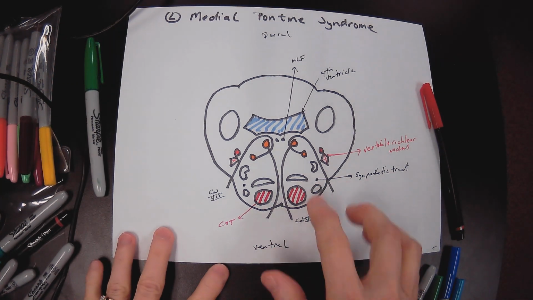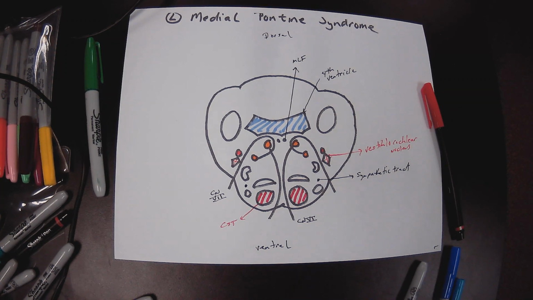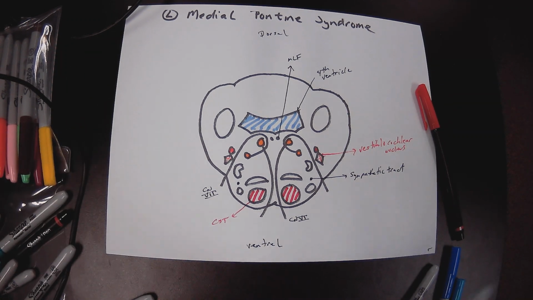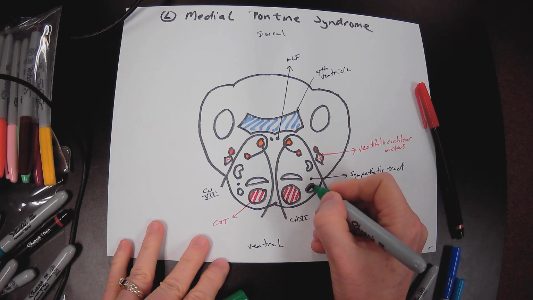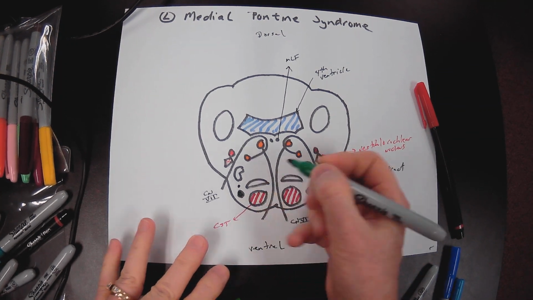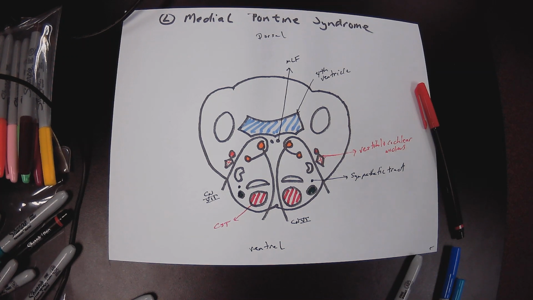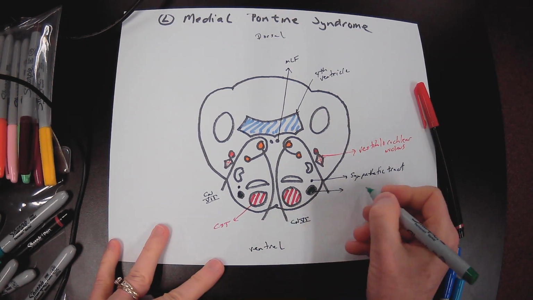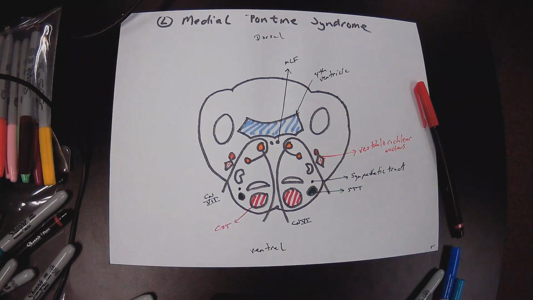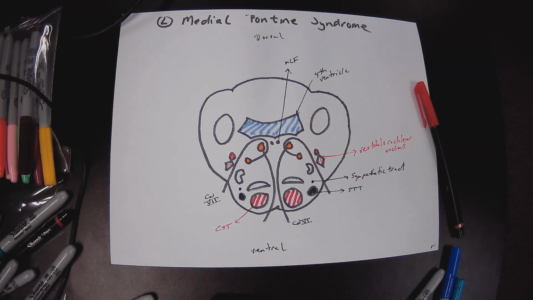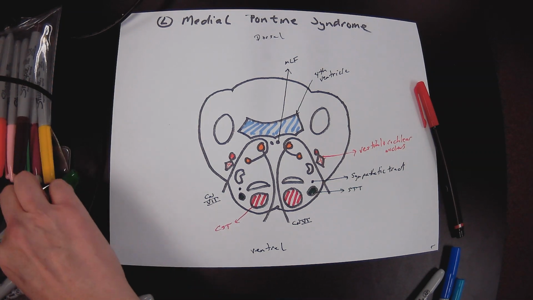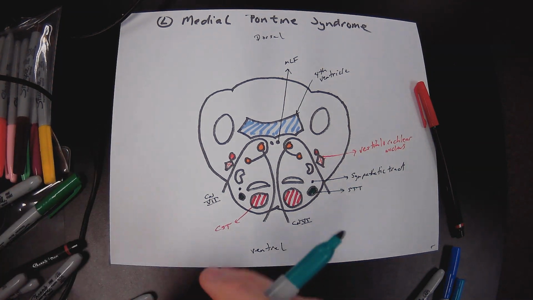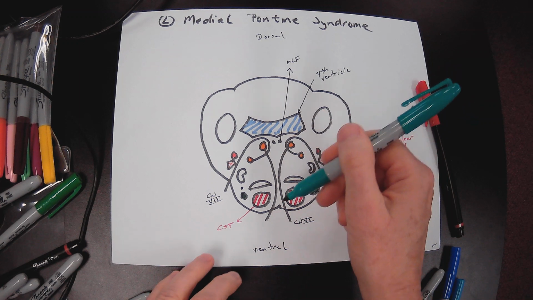Okay. Usually somewhere around the sympathetic tract, you have this tract, the spinothalamic tract. And here, in the medulla, it's going up and down, or it looks like it's going up and down.